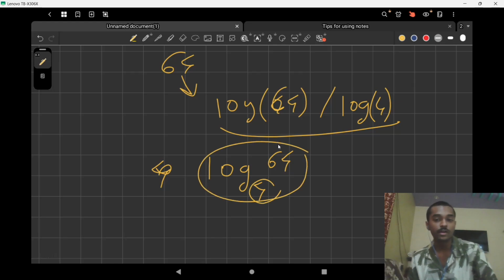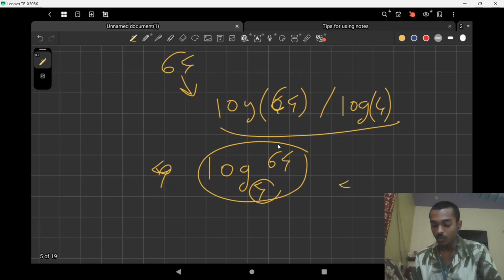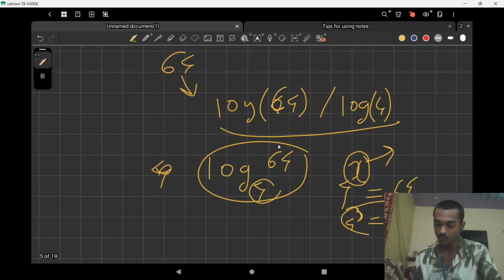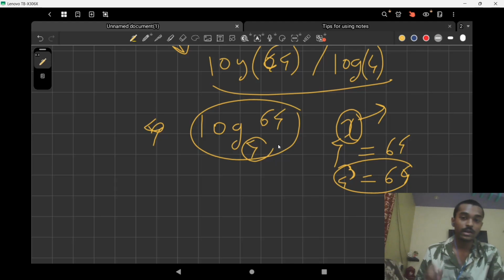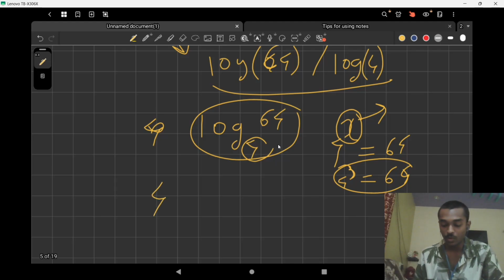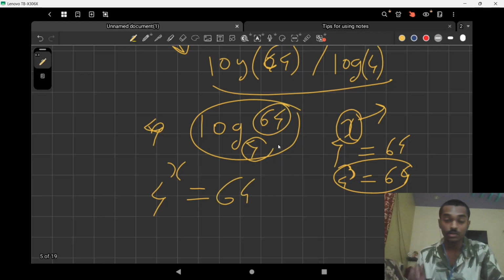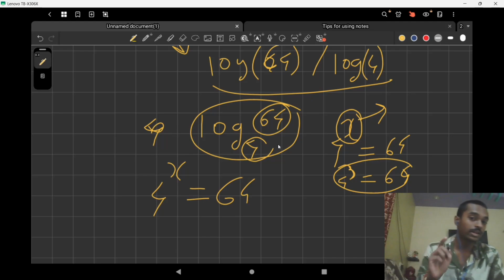It returns the x such that 4 to the power of x is 64. So it will return our x value, and the x value is 3, right? So 4 to the power of 3 is 64. It will return us the value that, when put on the power of 4, gives 64. If it is not a power of 4, then it will give some other value.